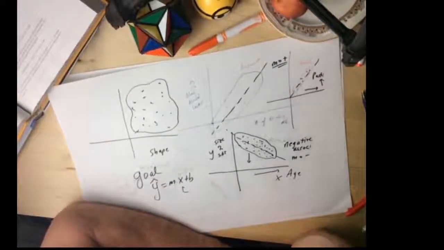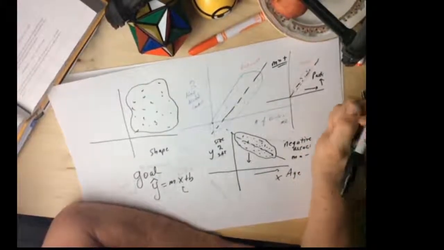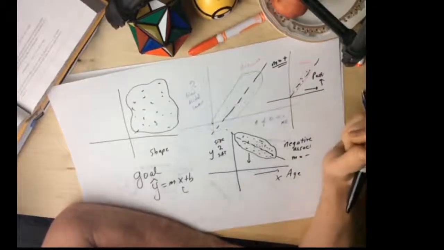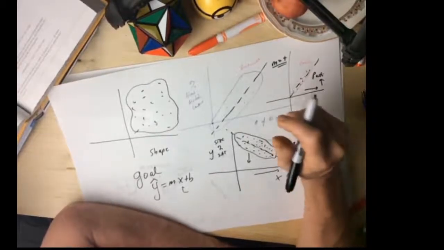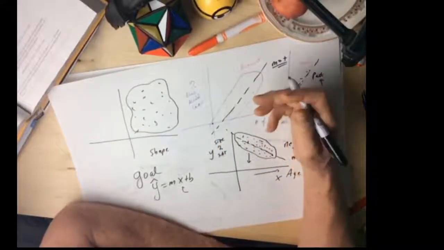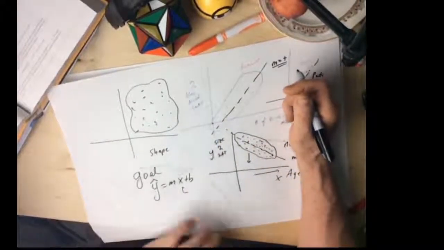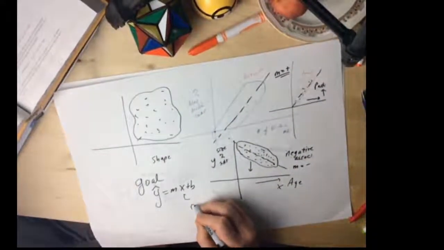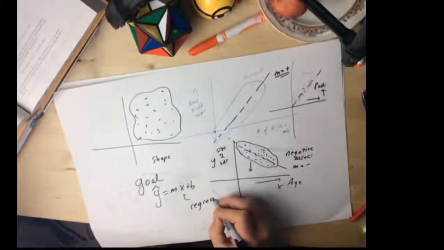So we'll often write not y equals mx plus b, we'll write y hat equals mx plus b. And then we can predict what things would happen using our line that represents this data. Doesn't represent it perfectly. Now that goal is called a regression line.